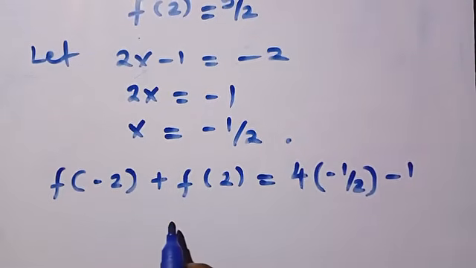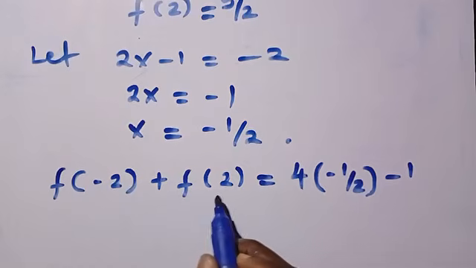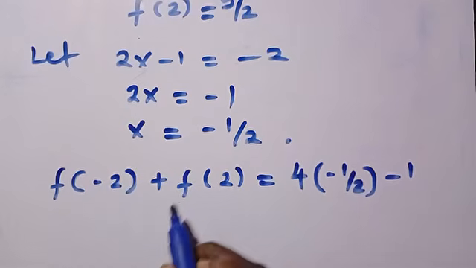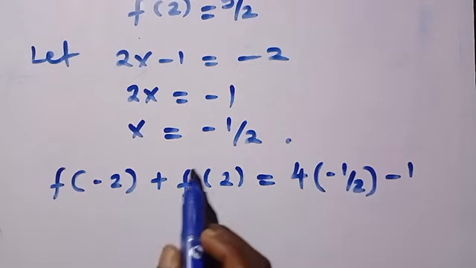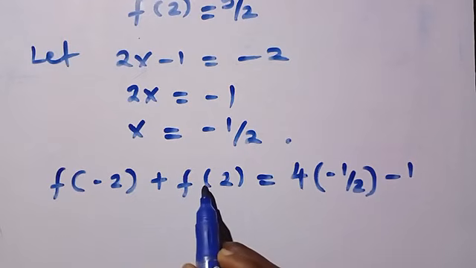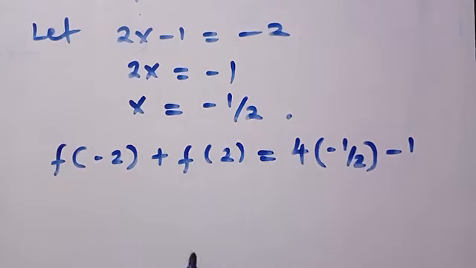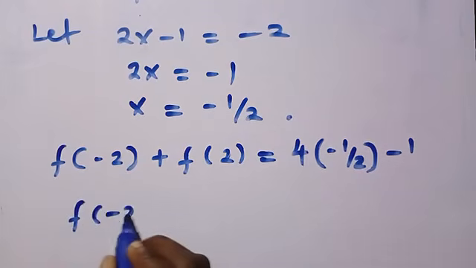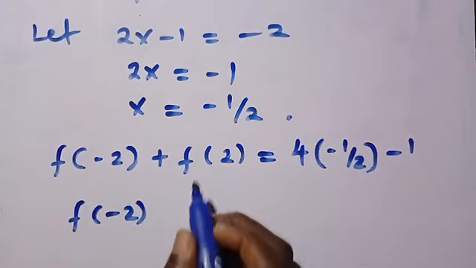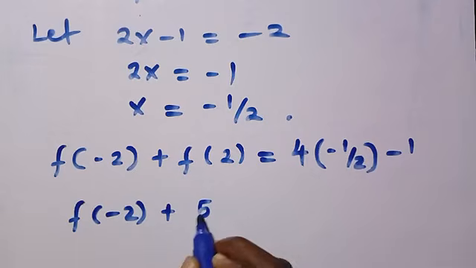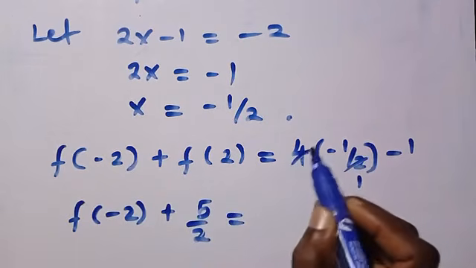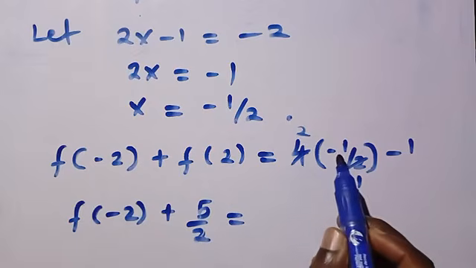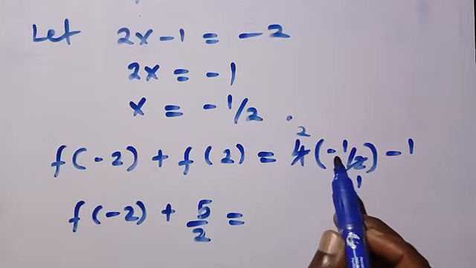So we cannot add this together because this is negative and this is positive, unlike the first one where they have the same number. But f of 2 is given as 5 over 2. We can quickly replace f of 2 as plus 5 divided by 2 equals 4 times minus 1 over 2, and 2 times minus 1 gives us minus 2.